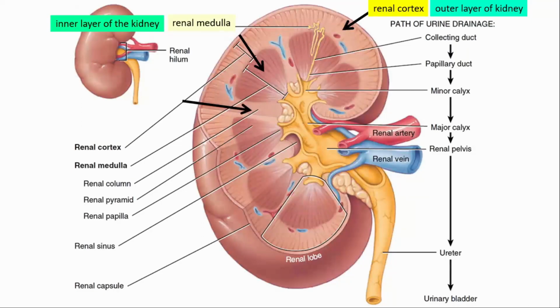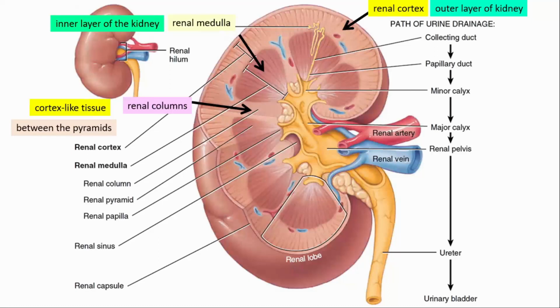Then we have extensions of the cortex between the pyramids, and these extensions are called renal columns, and they are cortex. They are real cortex, but sometimes they are called cortex-like tissue, and they lie between the pyramids.